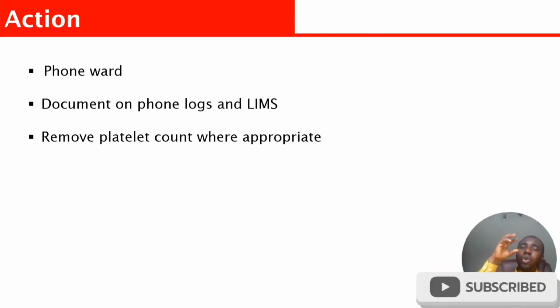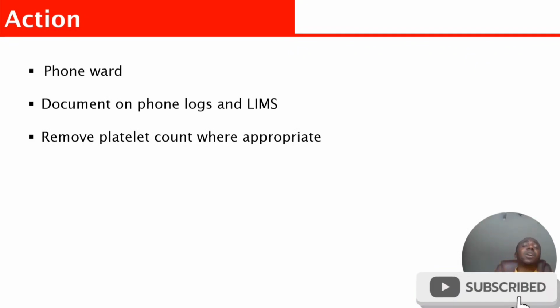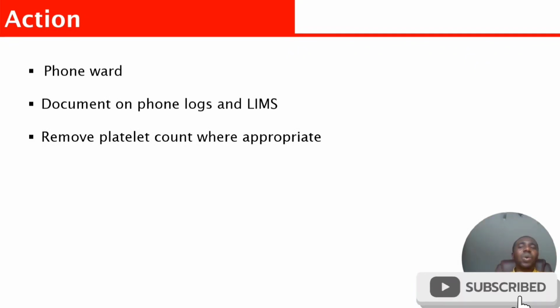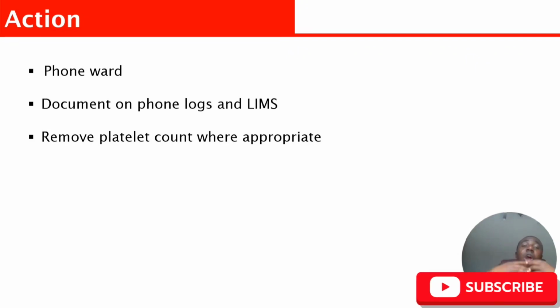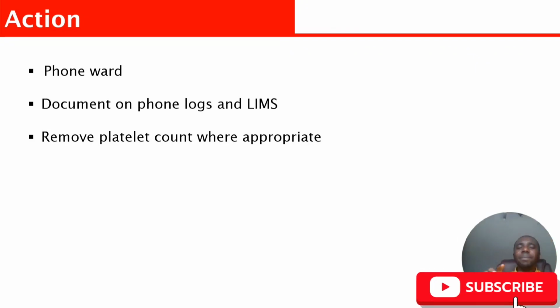From what you can see on the blood film, you can then put a comment saying whether the platelet count is adequate or not adequate, but you need to remove the analyzer platelet count, because that can be misleading.